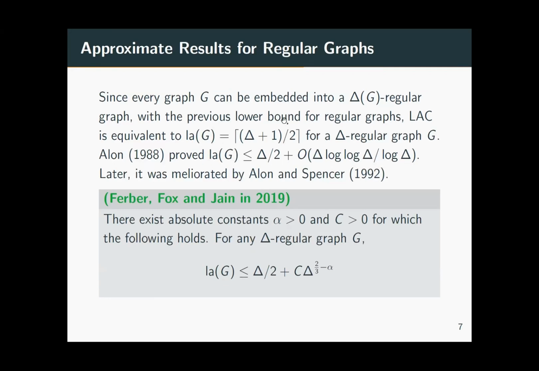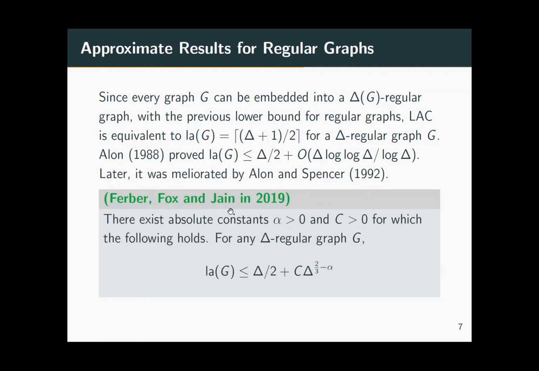So with the probabilistic method, we can have an approximate upper bound for the linear arboricity conjecture. And later it was improved by Alon and Spencer in 1992, and actually they improved this bound.